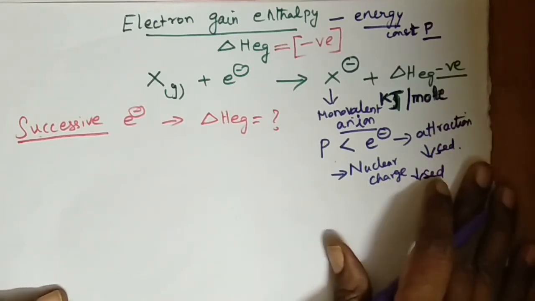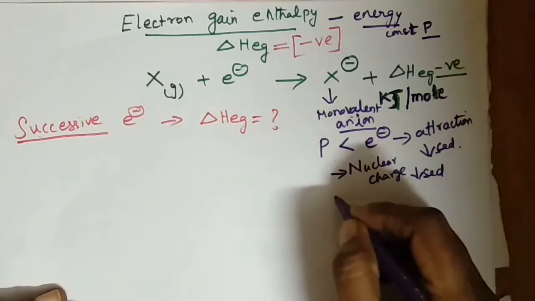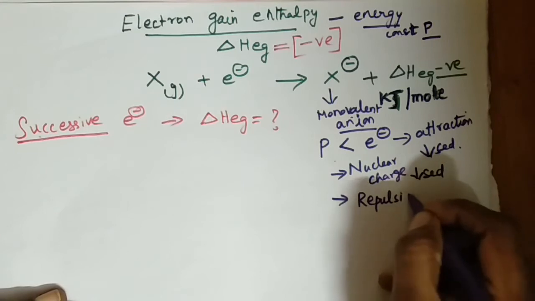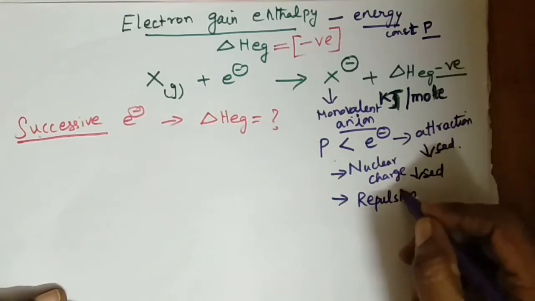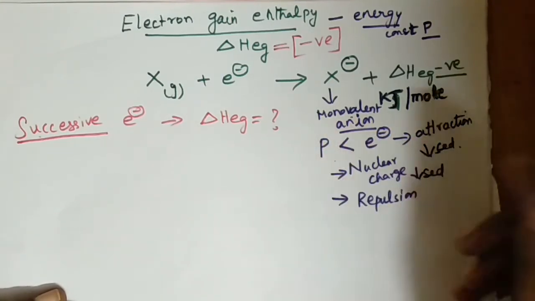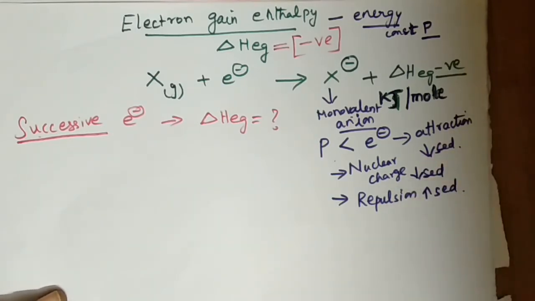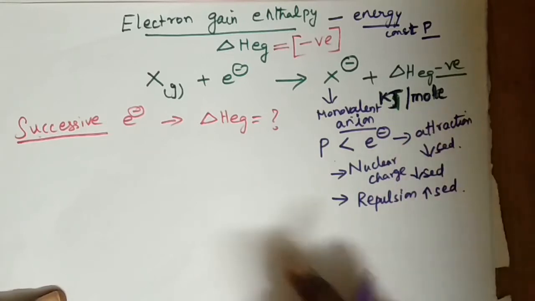Why is this? Because there is more repulsion. You are bringing in an electron, so there are more electrons, and the electron repulsion increases. Is it clear? In this way the factors are there.